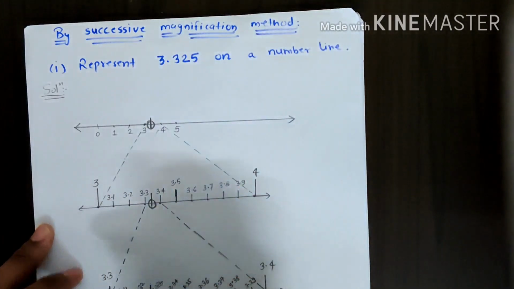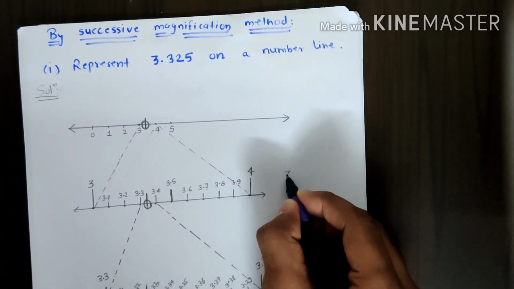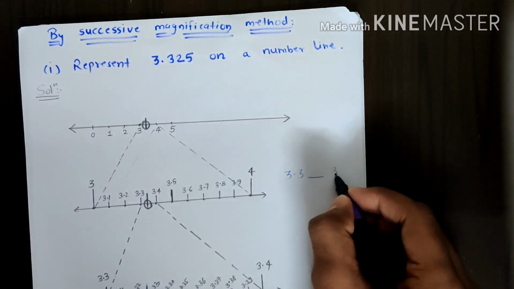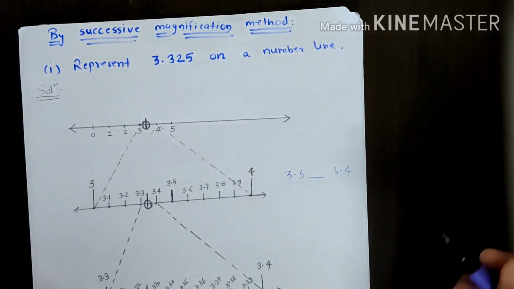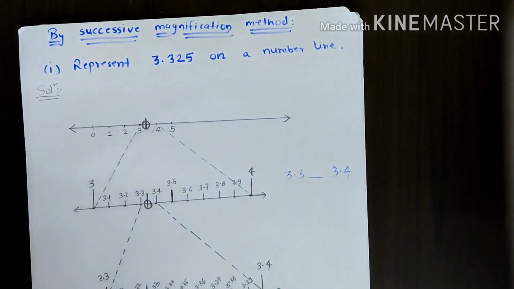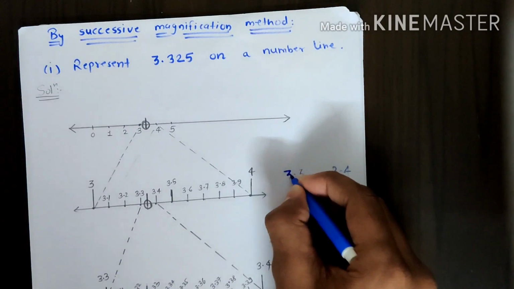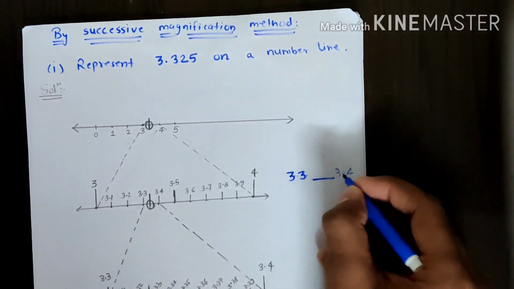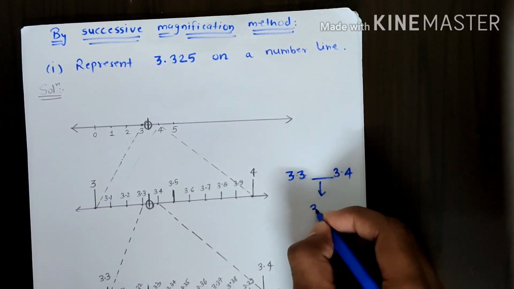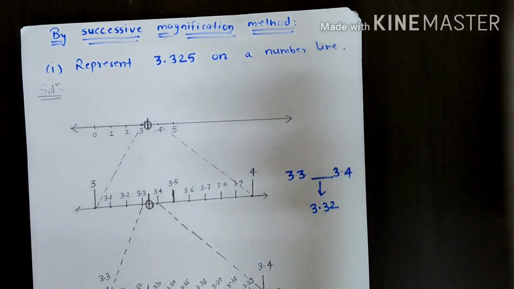Now we have done till 3.3 and 3.4. So in between 3.3 and 3.4, what will come? 3.32.